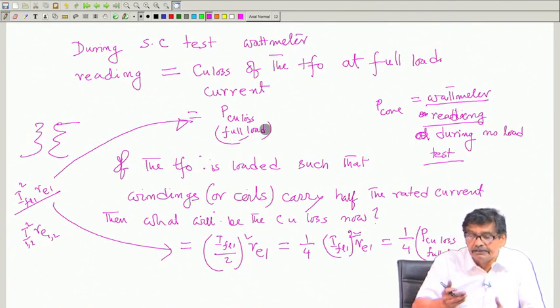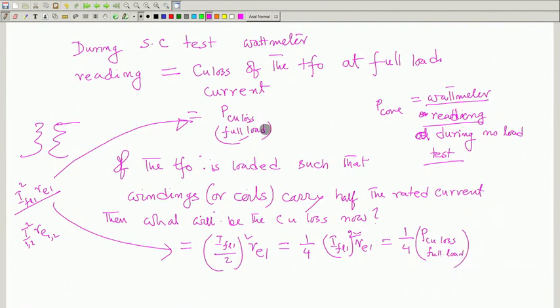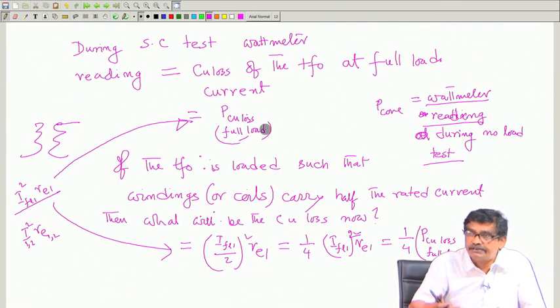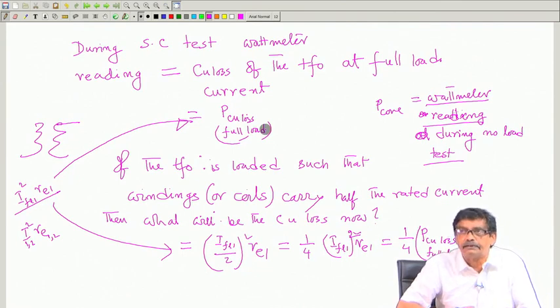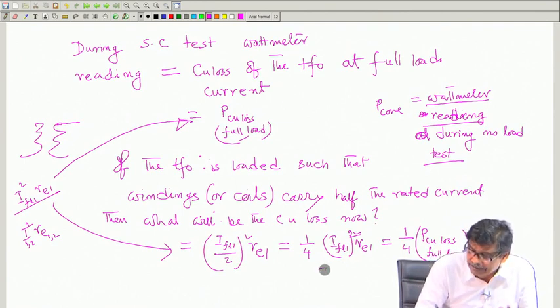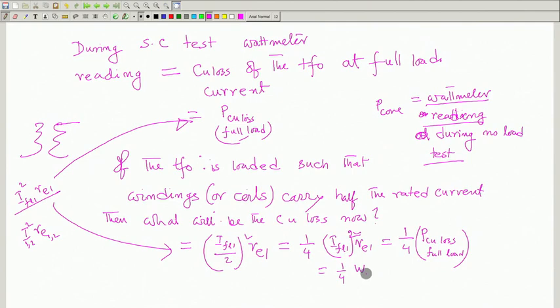If it is carrying 3/4 of the rated current, then copper loss would be 9 by 16 of that at rated current. And it so happens this becomes equal to 1 by 4 into the wattmeter reading during short circuit test. It is not compulsory to write it like this, but this concept is important.